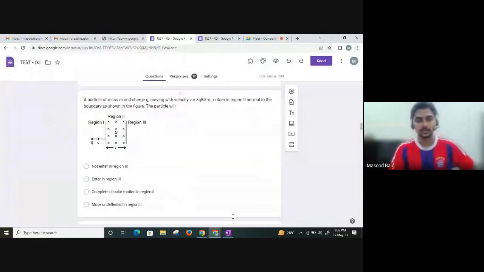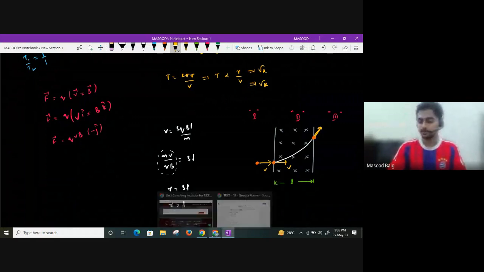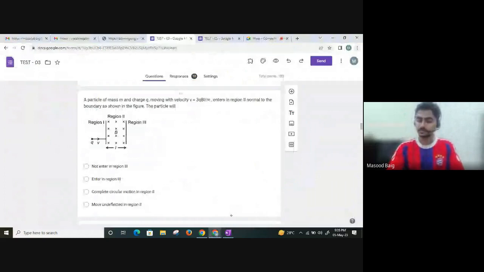Yes. Is it going to complete circular motion in region 2? It cannot complete circular motion at all. Does it move undeflected in region 2? No. So is it entering region 3, guys? Yes, it will enter region 3 because radius is more than the width here. If radius was less than the width, it would not have entered region 3. It would have completed a semicircular path and come back into region 1. Very important case again.